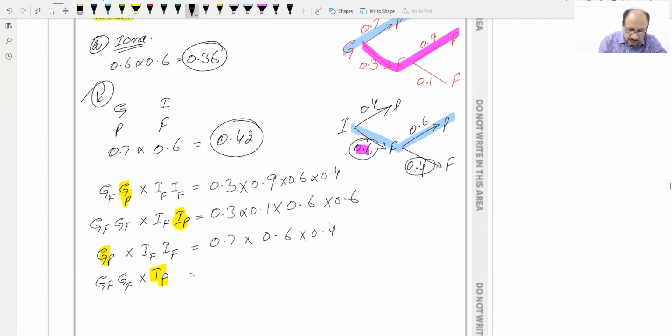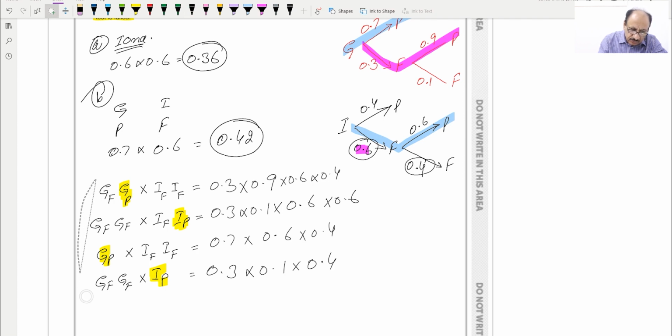And for the last option, Gina fails both attempts, which is 0.3 into 0.1, and Eona pass will be 0.4. So we will write into 0.4.